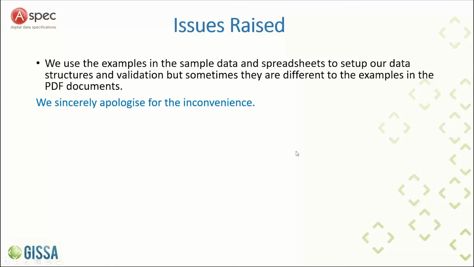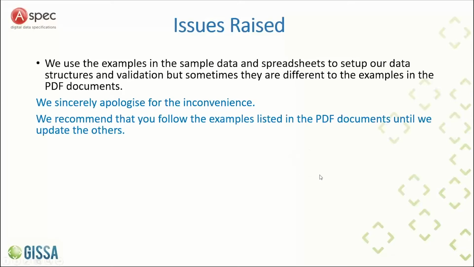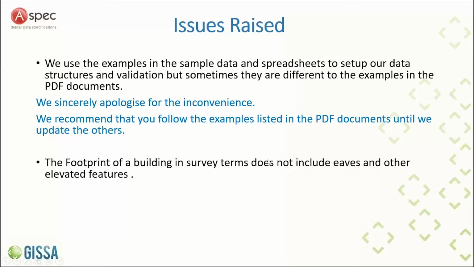We think we've now picked up all of those, and we will provide some updated spreadsheets that show the correct example that matches with the code list. So where people have raised it with us, we've had that conversation, and we will continue to monitor to make sure that we've resolved those examples.